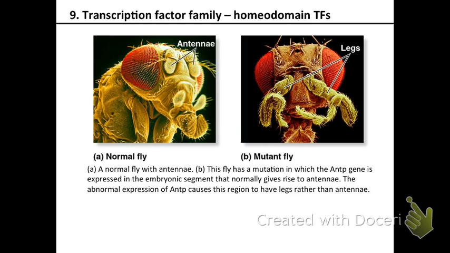All right, so this is the guy I'm talking about, and here is the Antennapedia mutant, where the legs are not coming from the eyes, they're coming out of the antenna. So instead of the antenna, these flies have legs. They still have eyes.